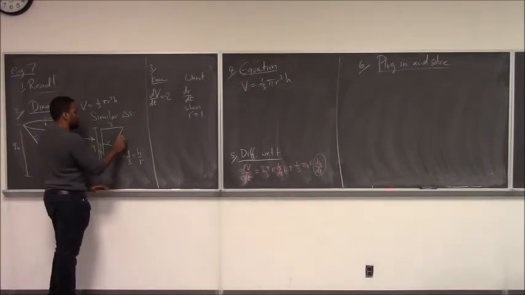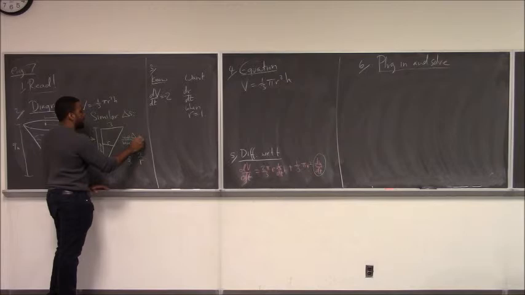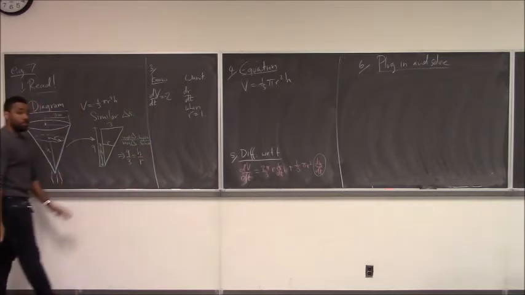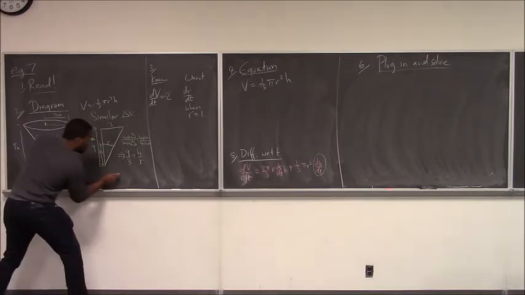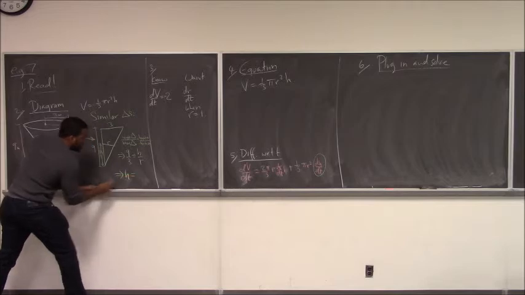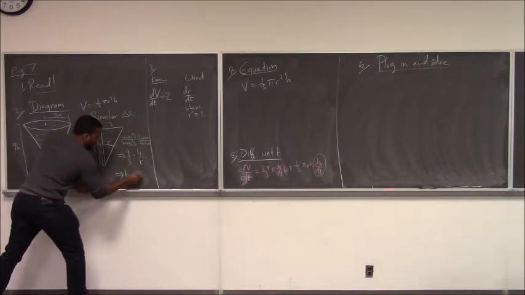So the height of the big triangle over the base of the big triangle should be the height of the small triangle over the base of the small triangle. And then we end up with that relationship, which now I can actually solve for h. I can write h as 3 times r.